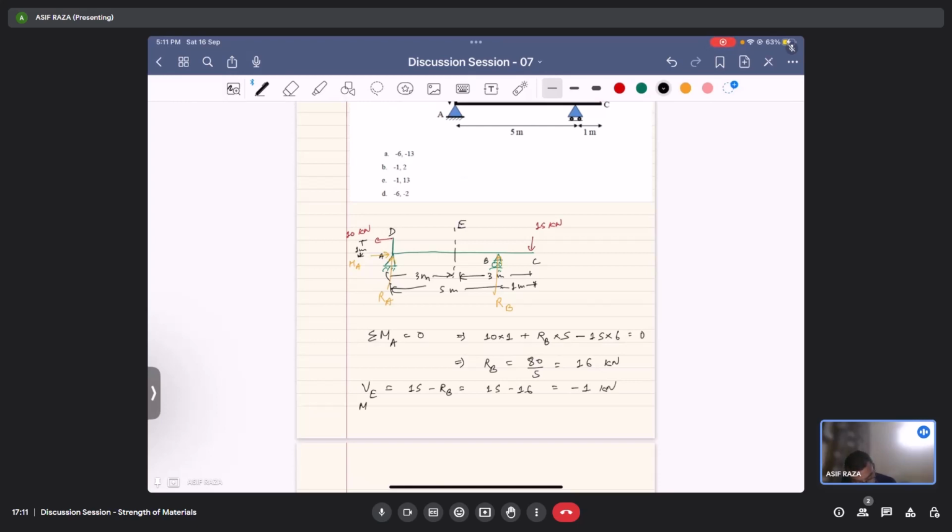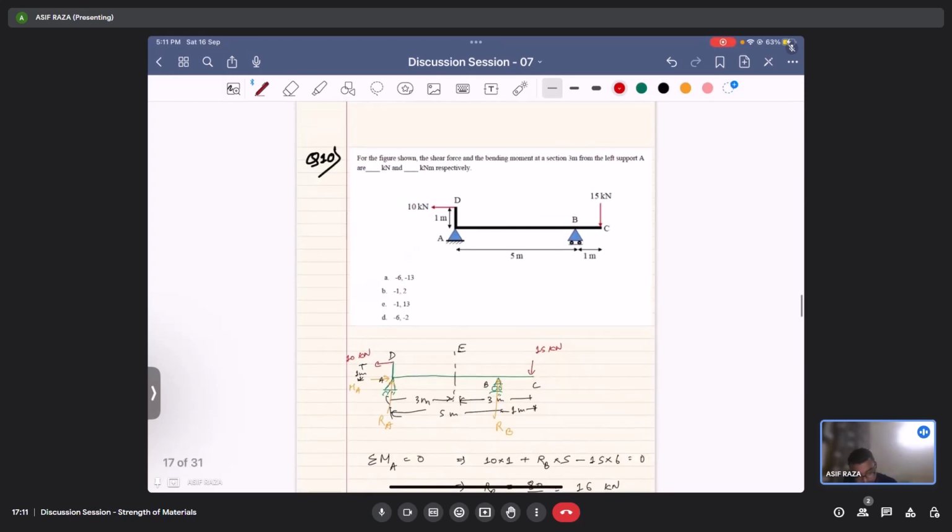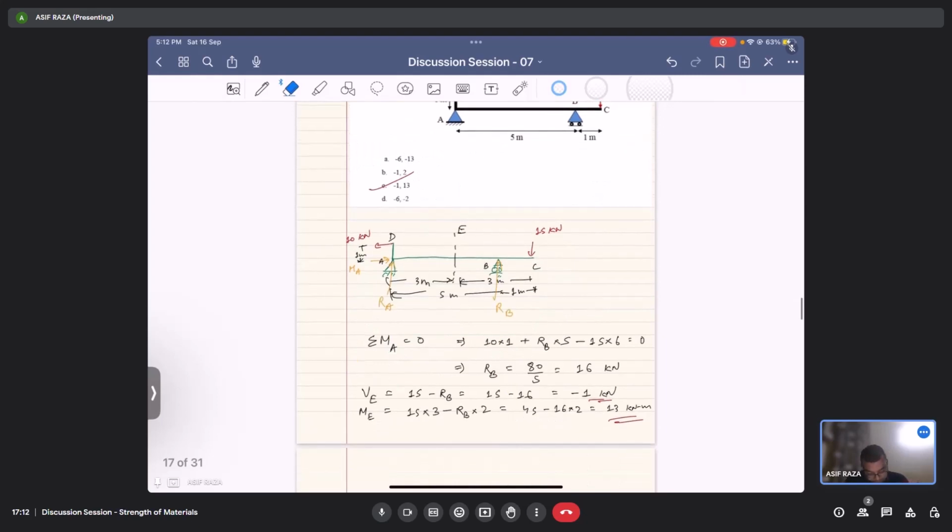Then moment at E is equal to 15 into distance 3 minus RB into 2. That is 45 minus RB, 16 into 2, 32. 13 kilonewton meter. That would give me option C as the correct answer. Minus 1 and 13. Okay.